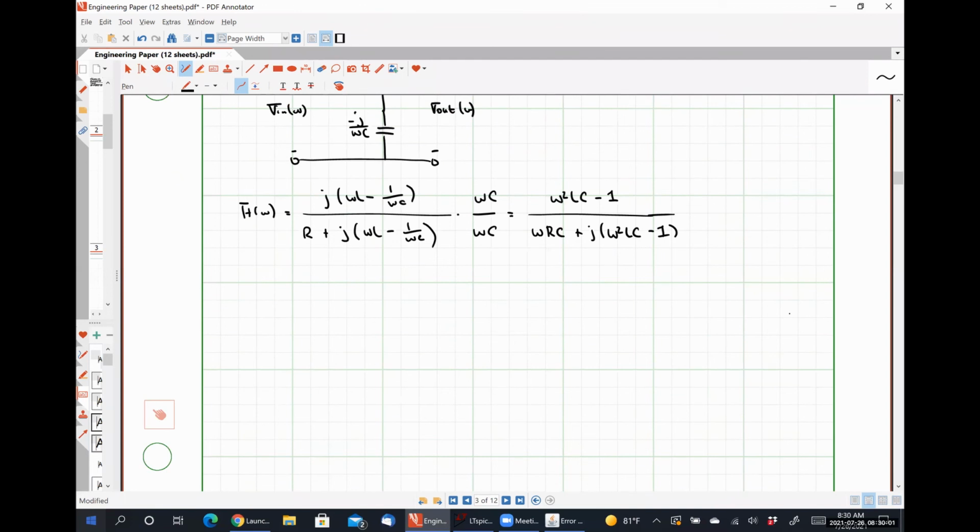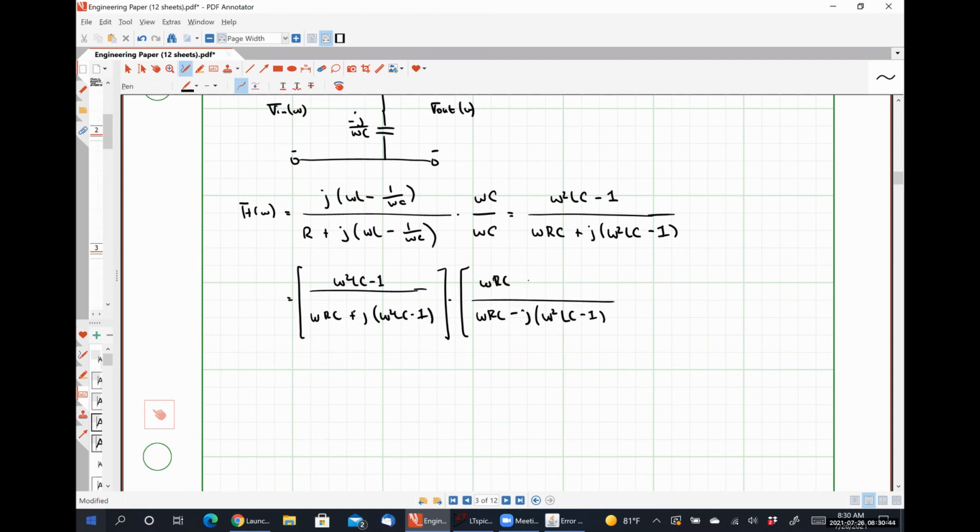To break it down into its real and imaginary parts, we'll have to do what we just did. Just multiply by the complex conjugate of the denominator over the complex conjugate of the denominator. So let's see, omega squared LC minus 1 times omega RC plus J omega squared LC minus 1, multiplied by omega RC minus J omega squared LC minus 1.